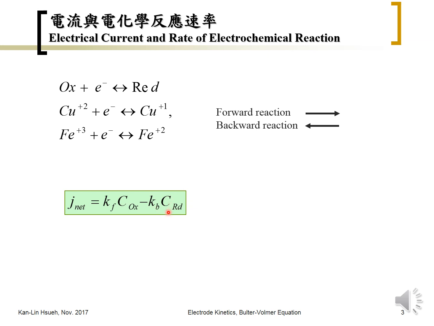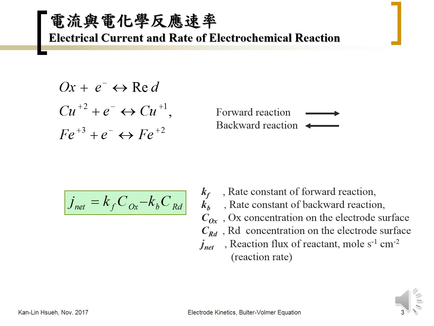The backward reaction rate equals the concentration of the reducing species times the backward rate constant. Here we assumed the reaction is first order with respect to the reactant concentration, though in reality there may be different reaction orders.